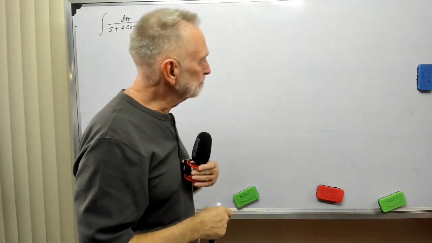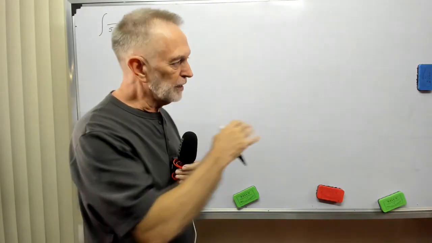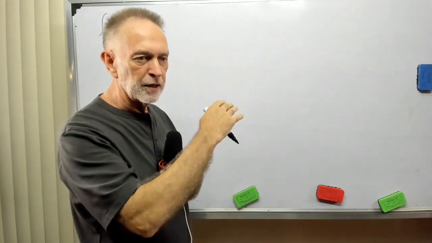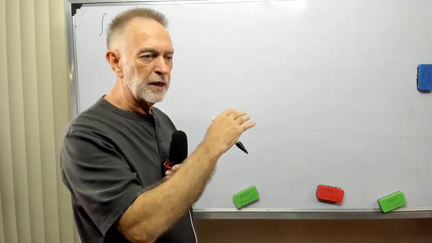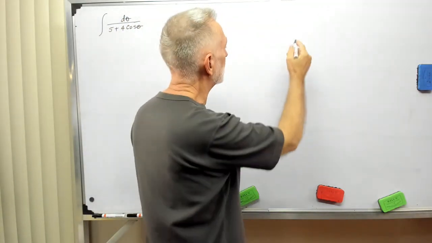So then I turned toward the trig identities that are out there. Is there anything that would allow me to reconfigure that cosine theta? So let's see here.